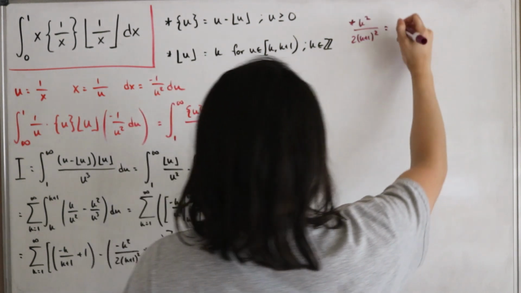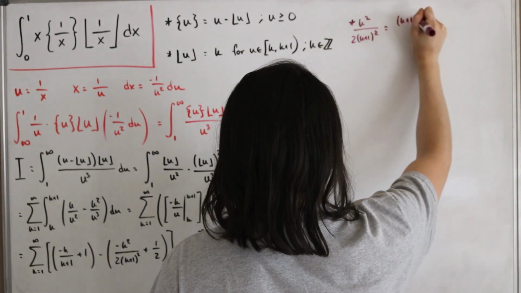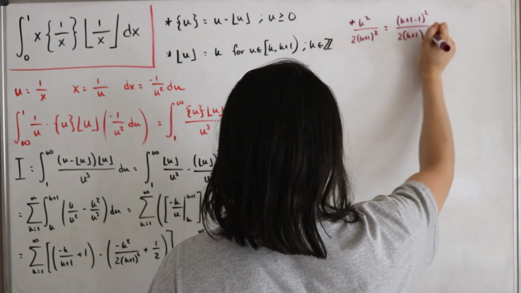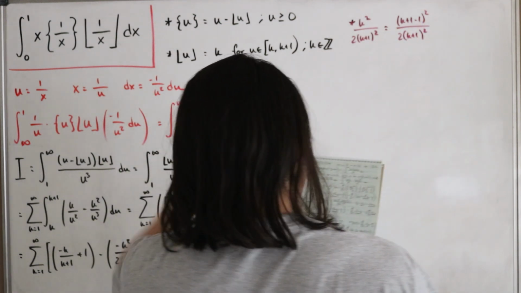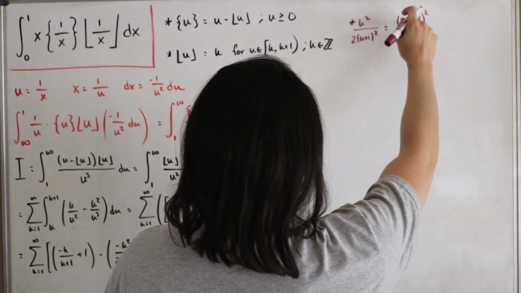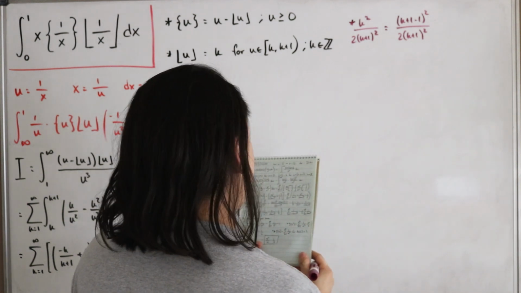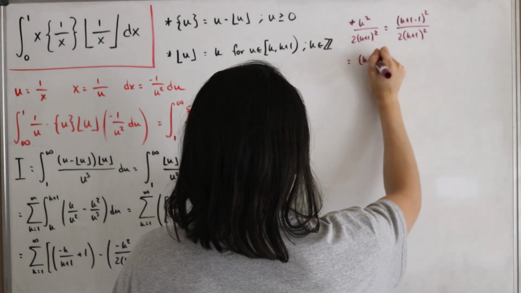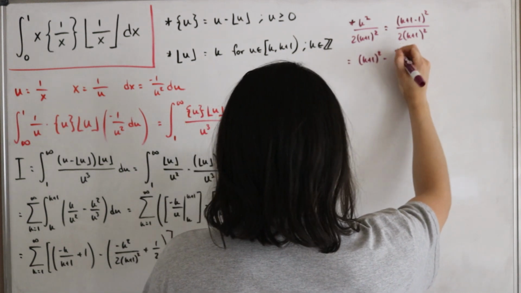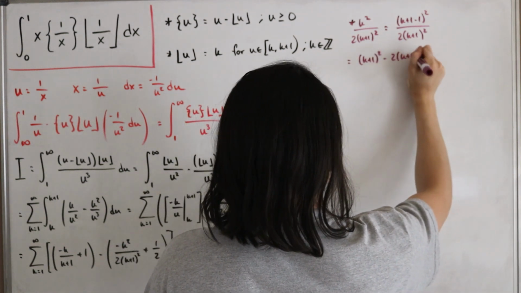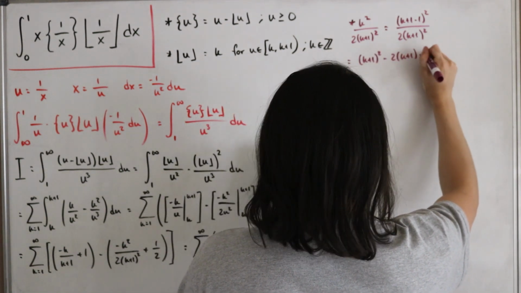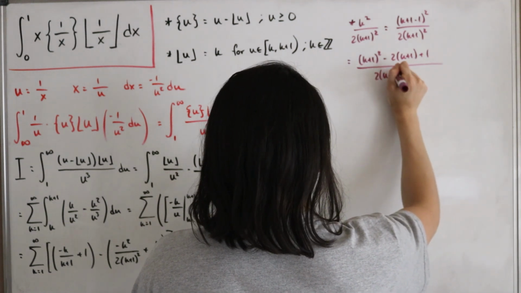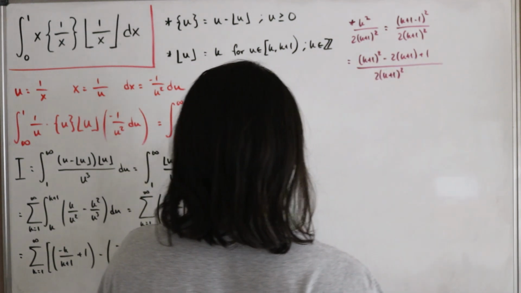The numerator we can write as k plus 1 minus 1 squared, divided by 2 times k plus 1 quantity squared. If I expand the numerator, we get something nice: this is the same as k plus 1 squared minus 2 times k plus 1 plus 1, with the denominator still the same, k plus 1 quantity squared.